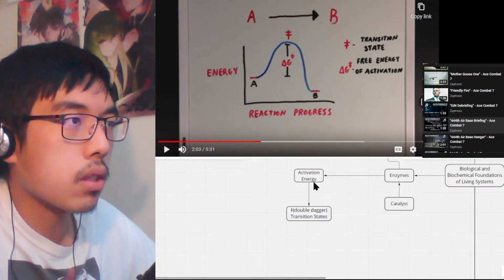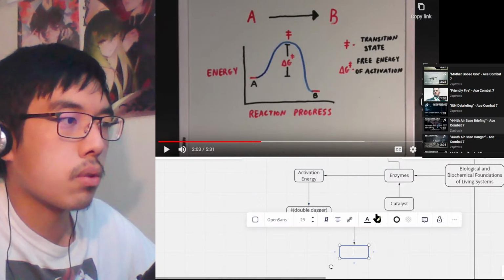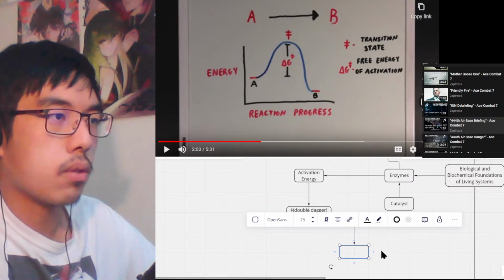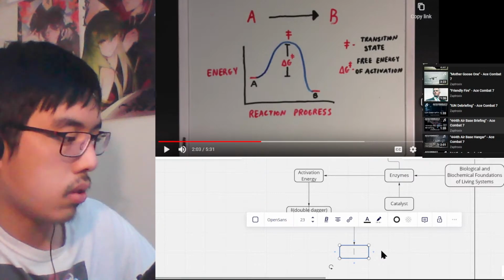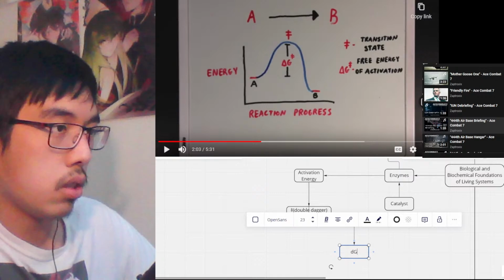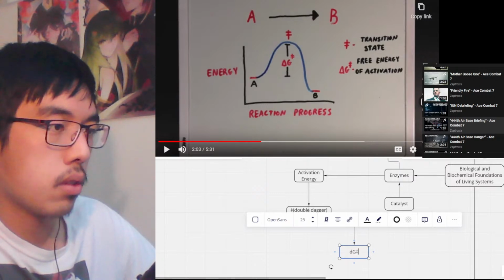Free energy of activation, that makes sense. The amount of energy that is effectively required for the reaction to occur in the first place. That's going to be delta G, dagger.